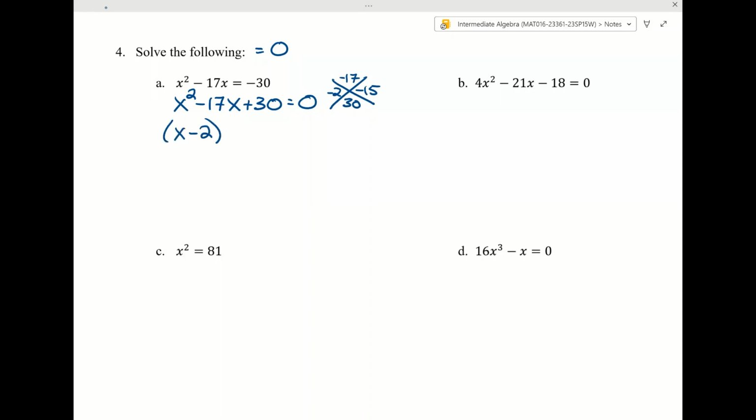If there's just a 1 in front, you can go right into factoring like this. But if there's any other number in front, like a 4, you have to do the long way, like factoring by grouping. So when you set the factors equal to 0, you'll get x is 2. And x minus 15 is 0, so x is 15.